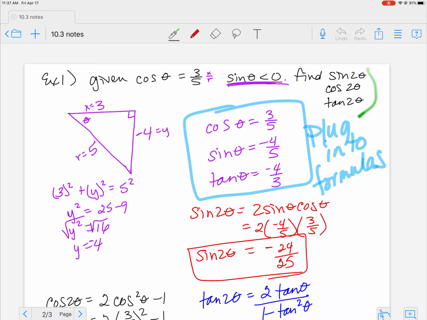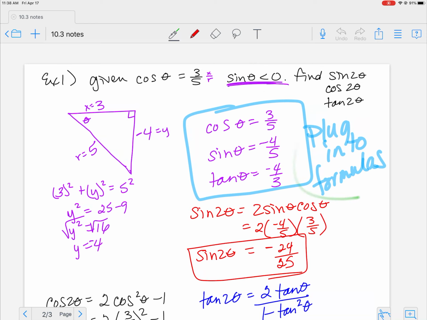In order for us to pull this off, we know that if this is theta, x is a positive 3, and my hypotenuse is always positive. So I've got positive, positive, and this is going to be negative 4 because I'm told that sine is negative.